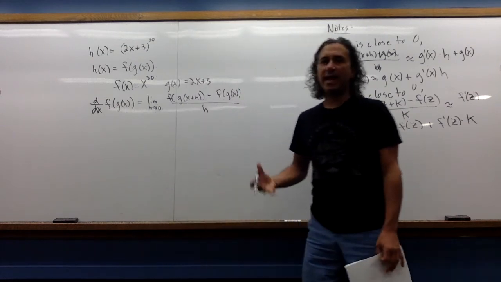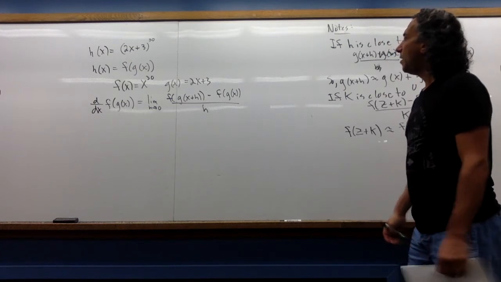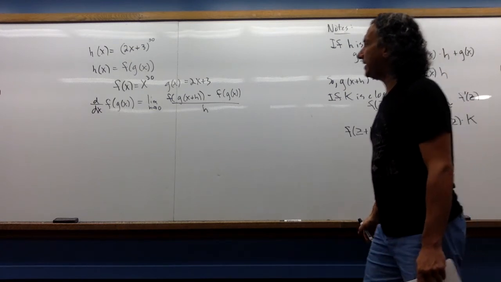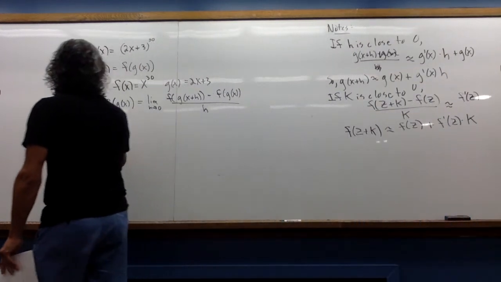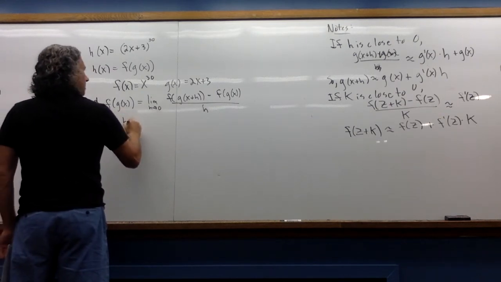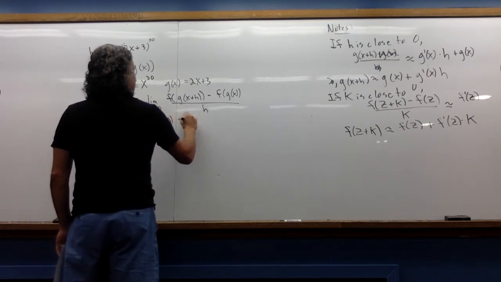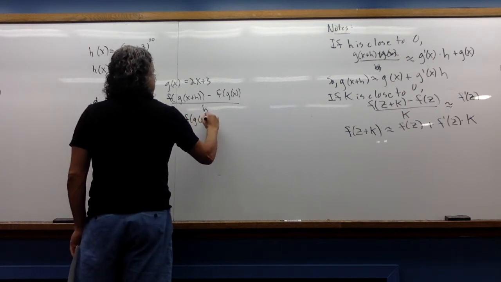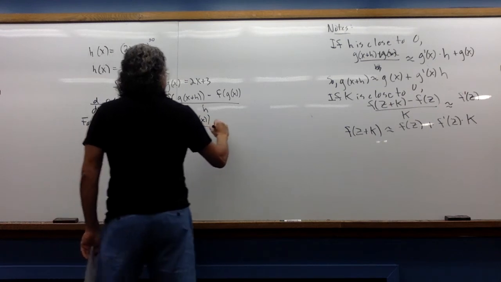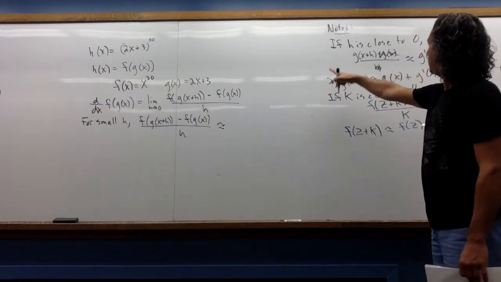So I'm just plugging in x plus h wherever I see an x. Well, for small h, f of g of x plus h minus f of g of x over h is approximately, well, let's take a look over here.